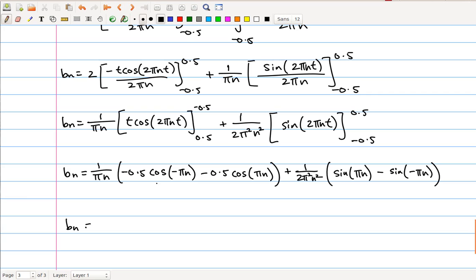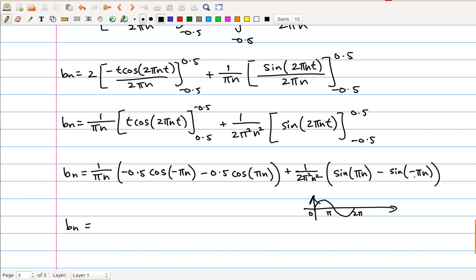Okay, so let's ignore this bit for now and come over here. Remember what we said for sine. For every integer multiple of pi, sine will go to 0. So this is 0, pi, 2 pi, and so on. So that part goes to 0.